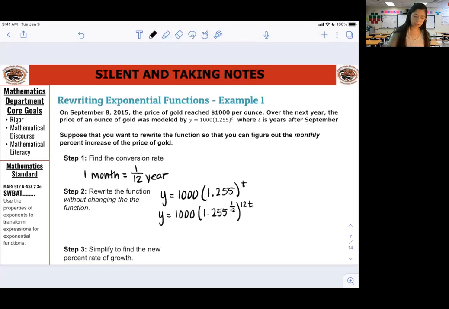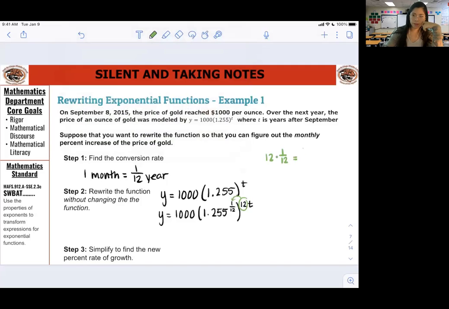Because what actually happens when you multiply, because these are exponents and we have to multiply them, what's 12 times 1/12? 12/12.